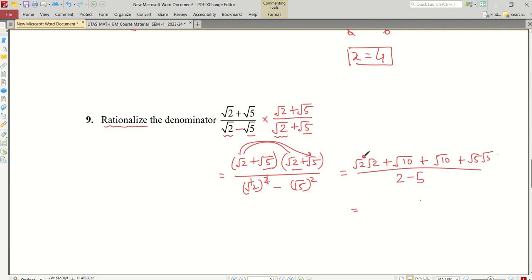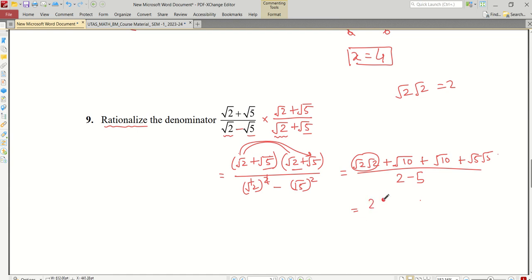So now one more thing you need to remember. If you remember, I told you that square root 2 and square root 2 is equal to 2 always.